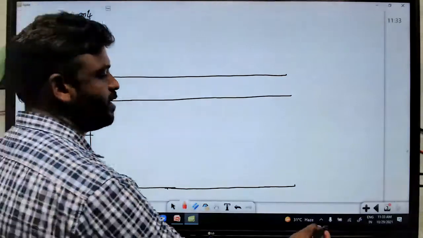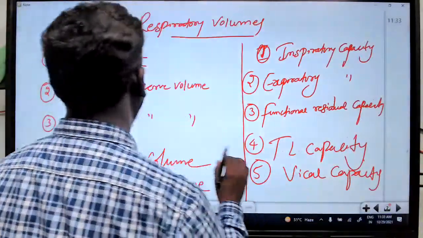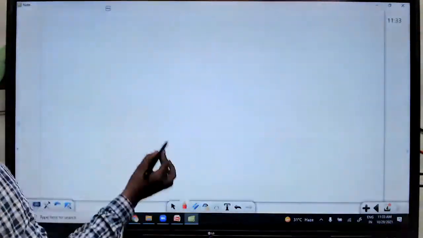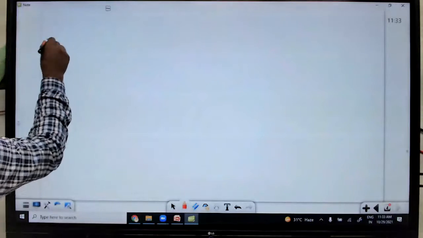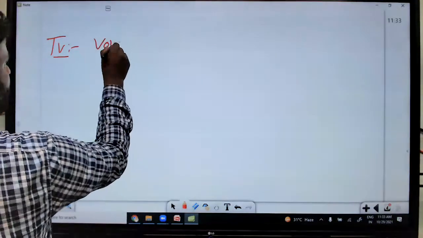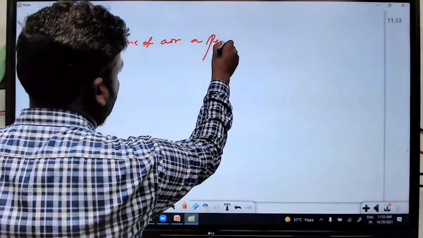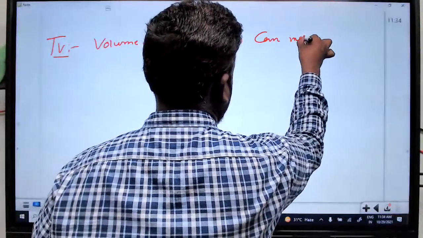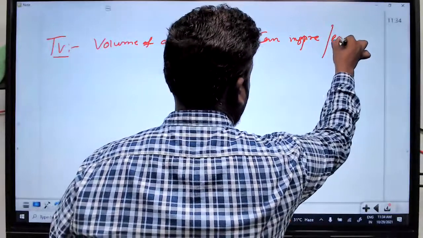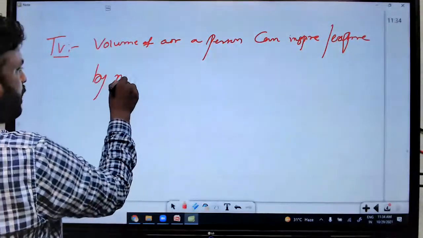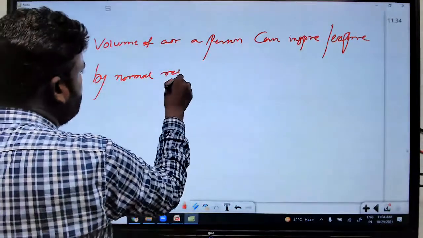So here we have to write: tidal volume is the volume of air a person can inspire or expire by normal respiration.